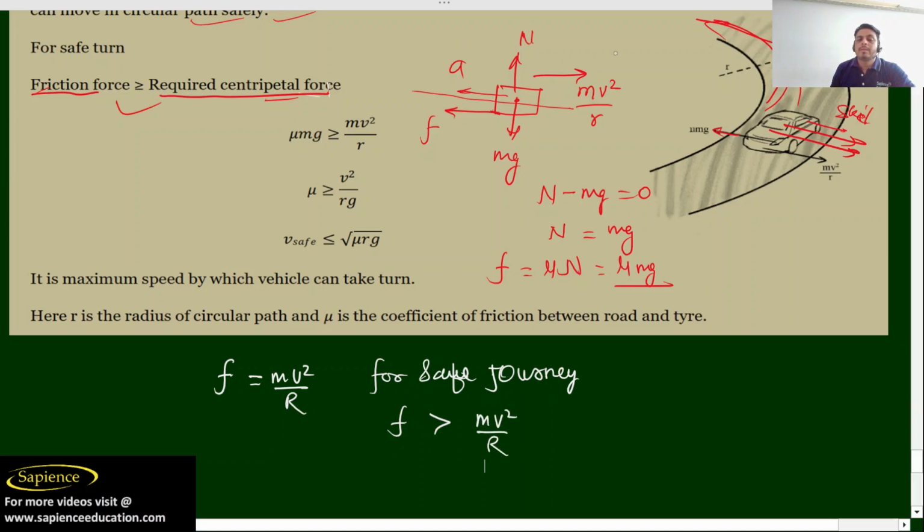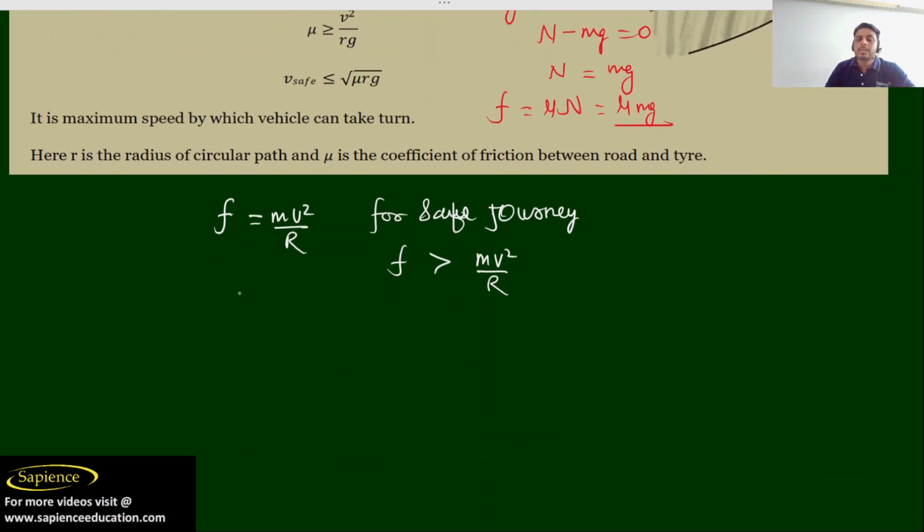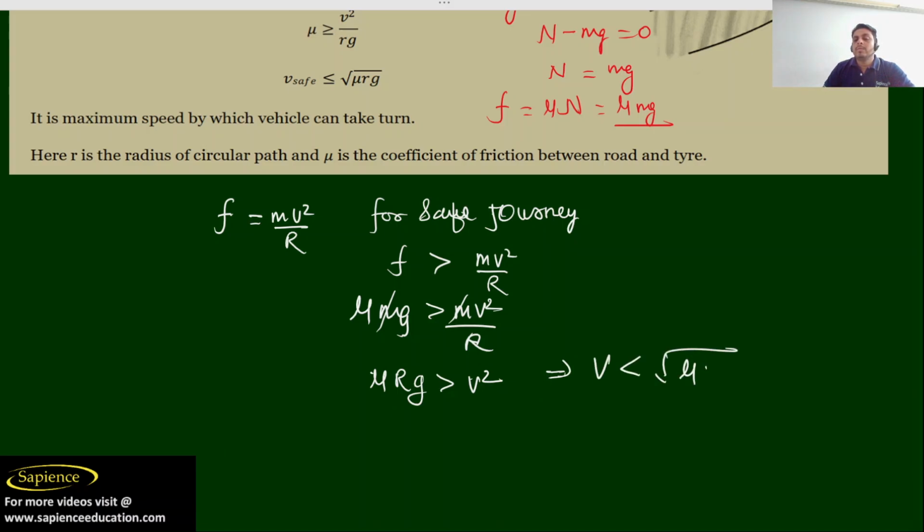So the friction force, which has a value of mu mg, must be greater than mv square by r, and m gets cancelled out. So we can say mu r g is greater than v square, or v is less than root under mu r into g.